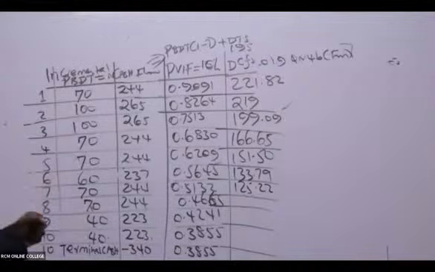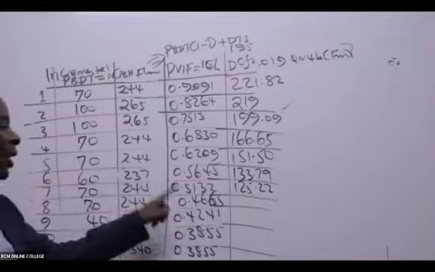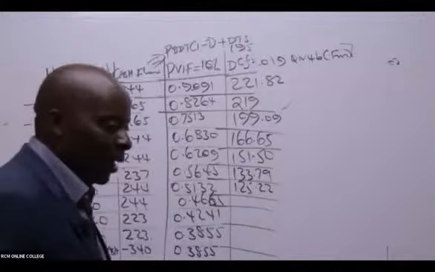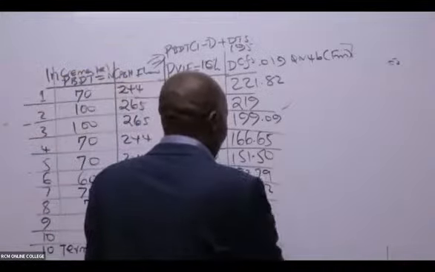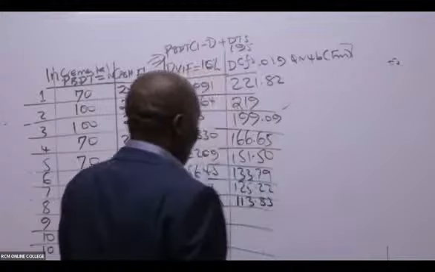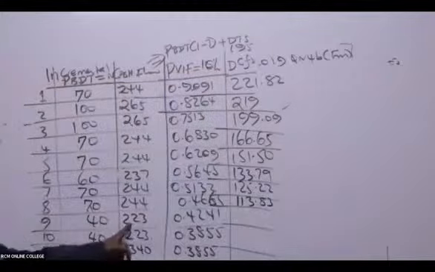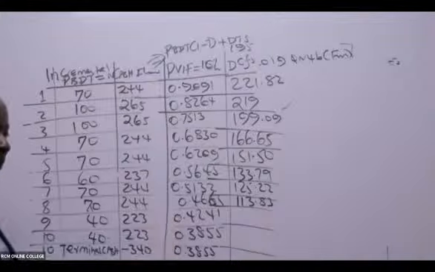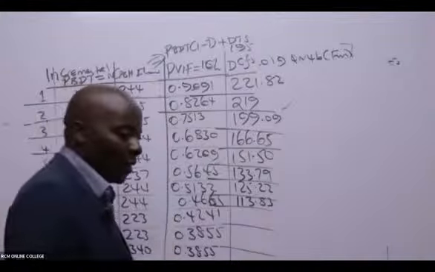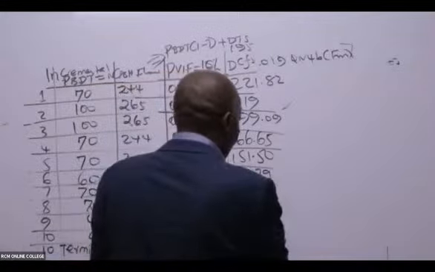I'm so excited. Year number 8, 244 times this. Year number 8, we have here 113.83. Then we go to 223 times 0.4241. 94.57.